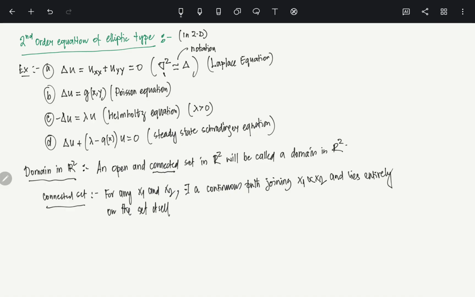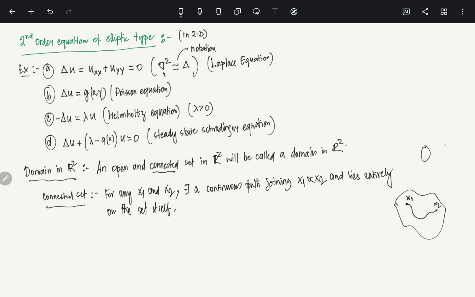This is very intuitive. You take any two points. If it is connected, it means there are no gaps, no holes, nothing like this. Let's say in 2 dimensions x1 is a point and x2 is a point. These are just tuples, points in 2 dimensions. You can join those two points by a continuous path such that the path lies in the whole set. That's a connected set.